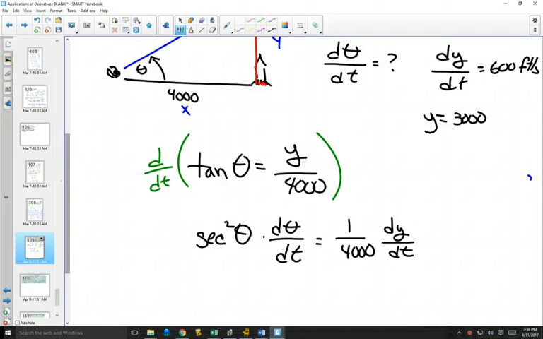We need to know dy dt, which we already do. So we need to either figure out theta or figure out secant theta in order to figure out secant squared. We are finding it again at the instant where the height is 3,000.